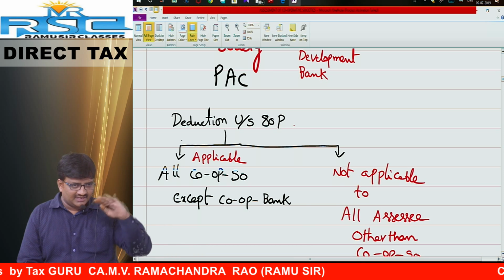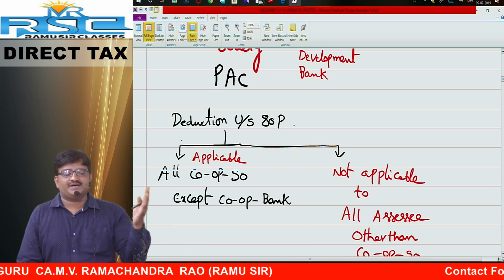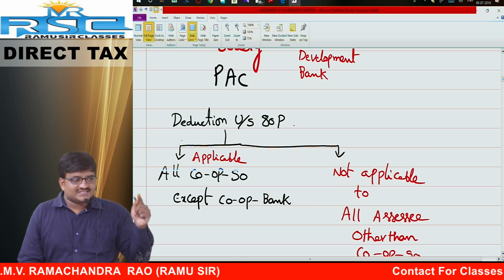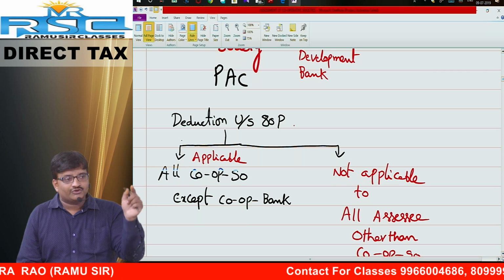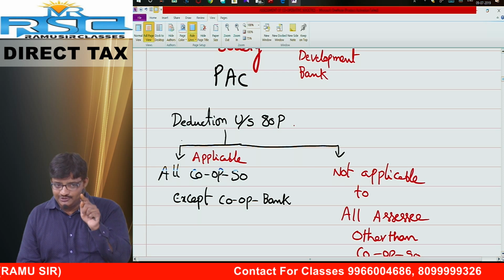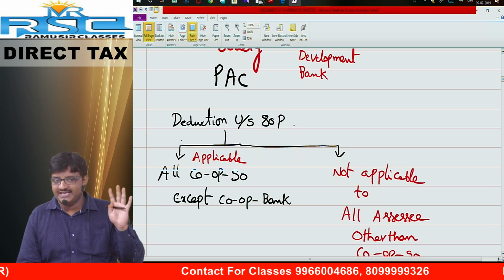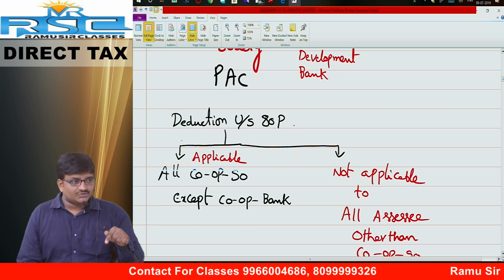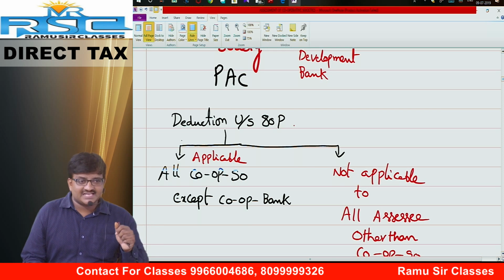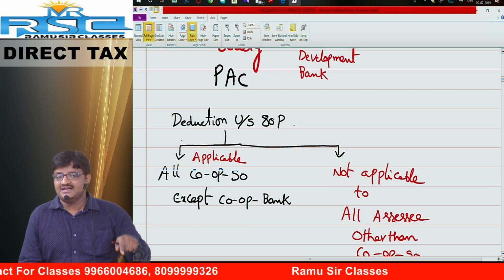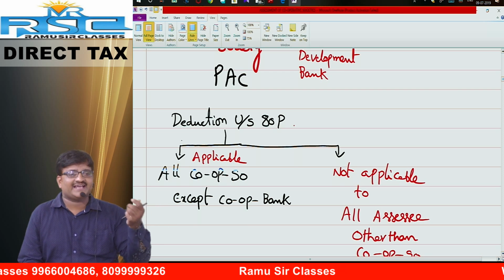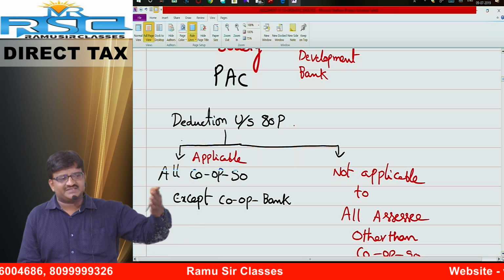So friends, let us sum up what we covered so far. Come on, tell me. Cooperative societies are the societies registered under which act? Very good. Cooperative Societies Act 1912 or any other law for the time being enforced. Who is the taxable person as far as income tax is concerned? Yes, cooperative societies are liable to pay tax. Next, what is the tax rate? 10%, 20%, 30%.